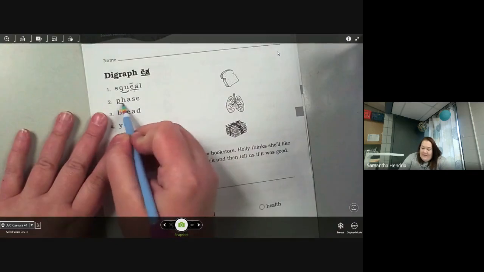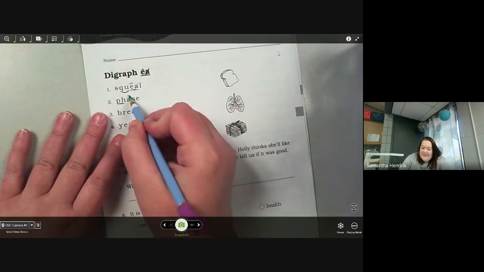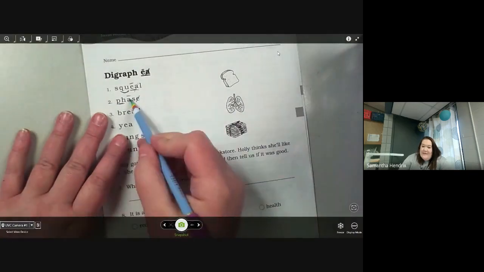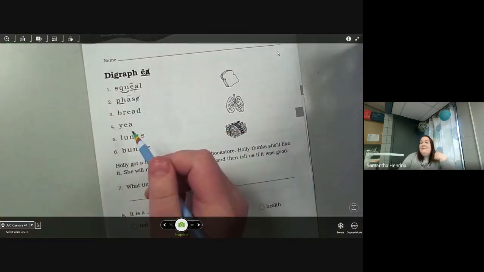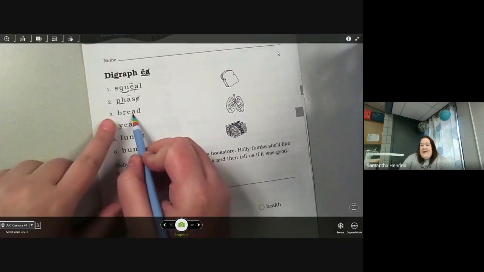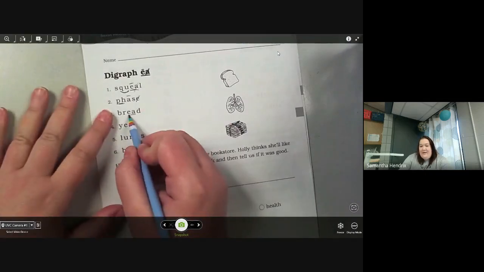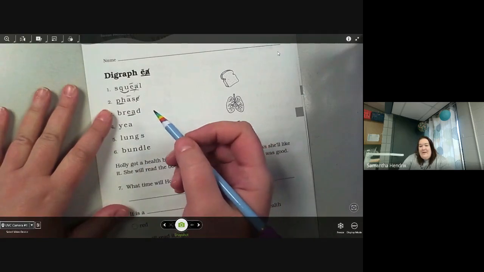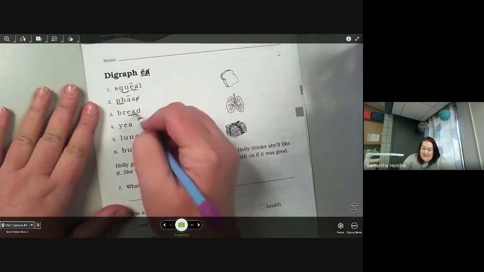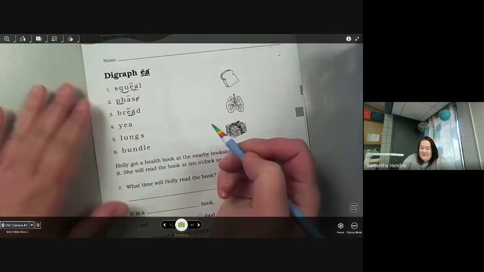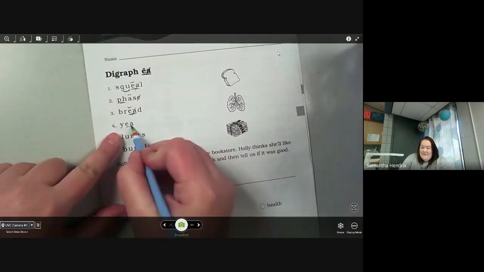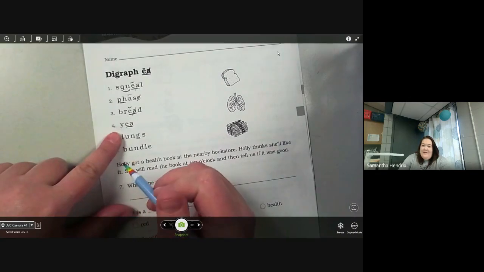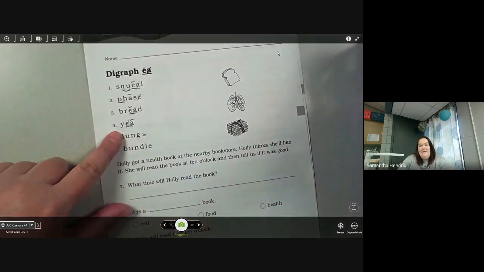Oh, we learned PH this week. A's. That's an A consonant E. Phase. Bread, breed, or braid. While breed and braid are words, they're not this one. Bread. Yes, yay, or yeah, yay.